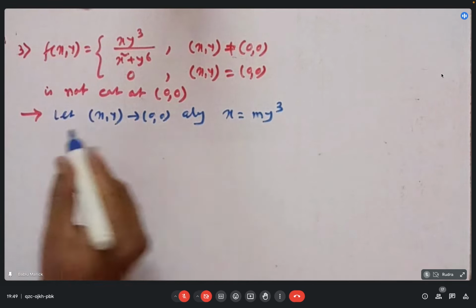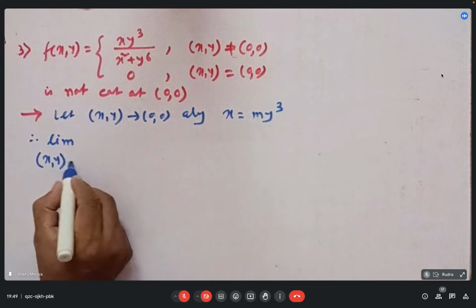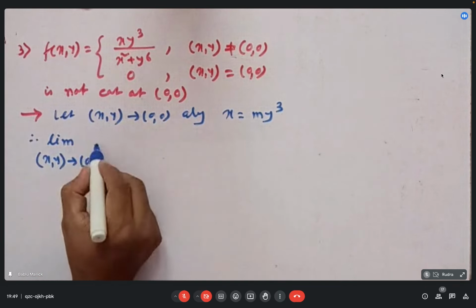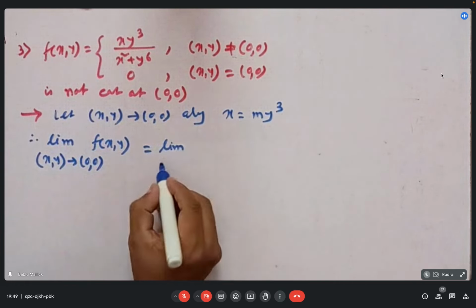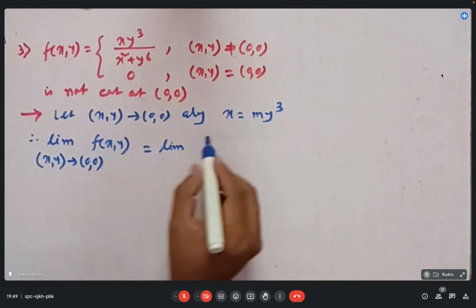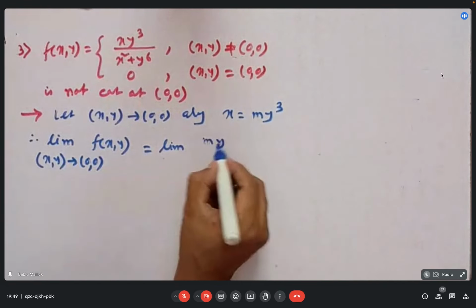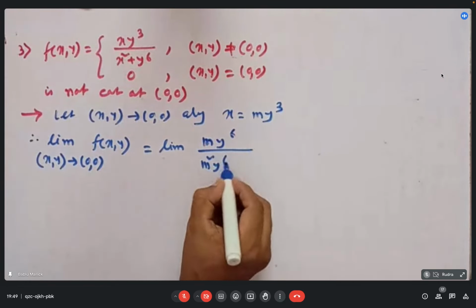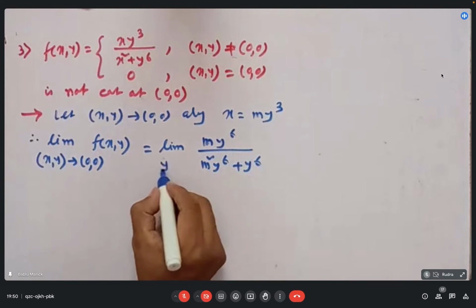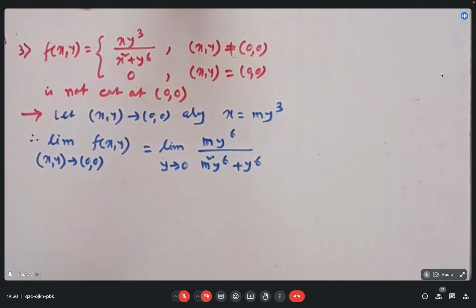Now put it. Therefore, the limit as (x, y) tends to (0, 0) of f(x, y) is equal to the limit of, if I put x = my cube, then it is m y to the power 6 divided by m square y to the power 6 plus y to the power 6, and here every term will be in terms of y, so limit y tends to 0.